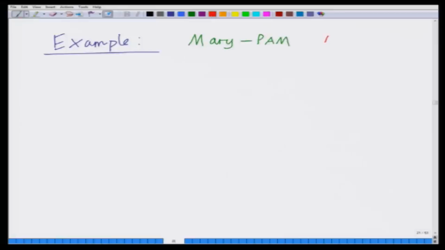Remember, we are considering M-ary PAM for M equal to 4 symbols, and PAM denotes pulse amplitude modulation, which is also basically amplitude shift keying.